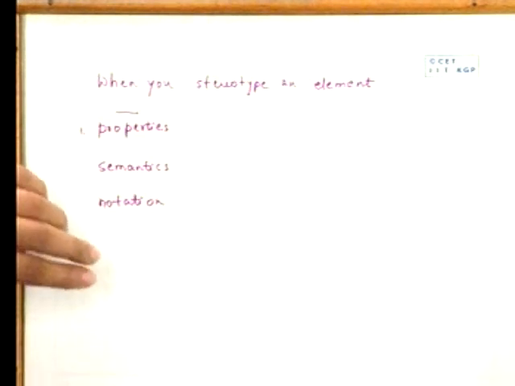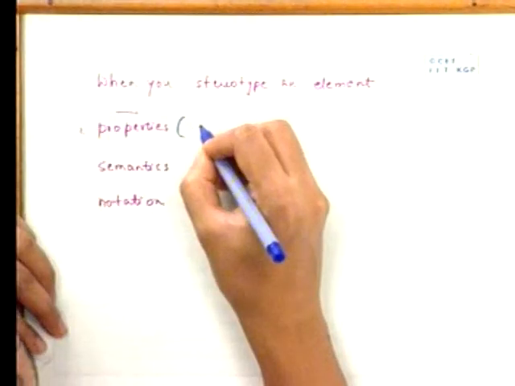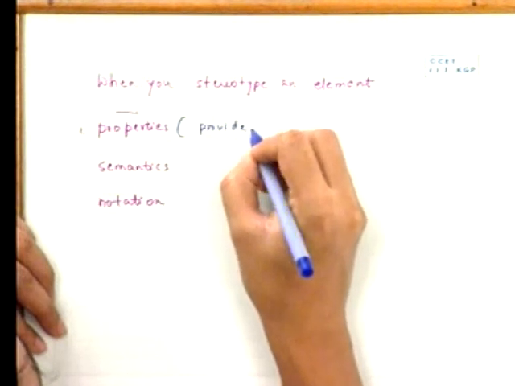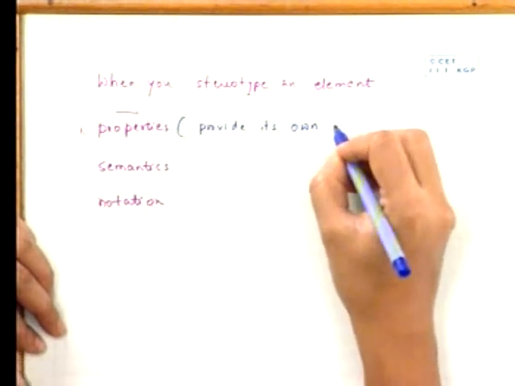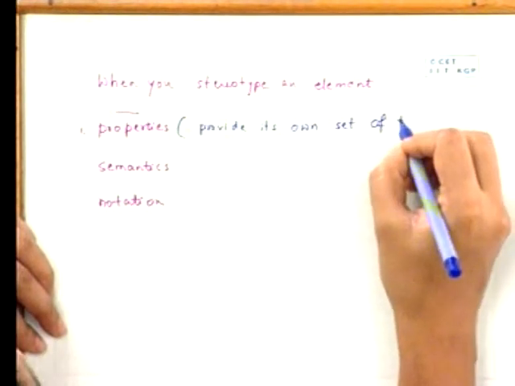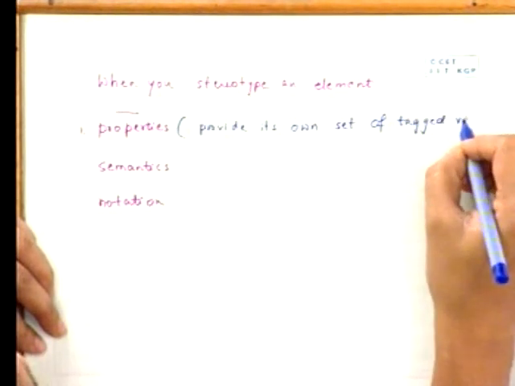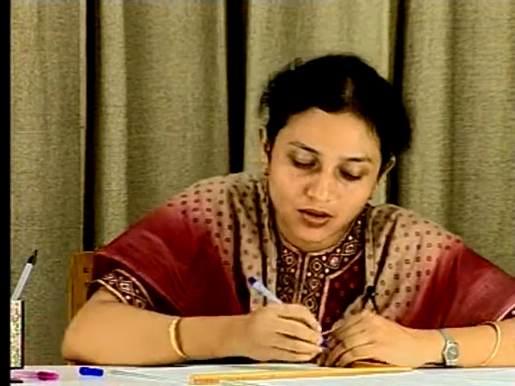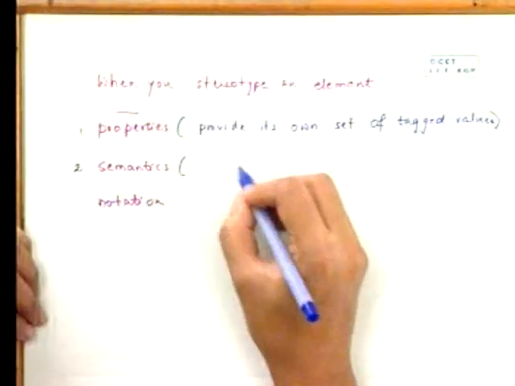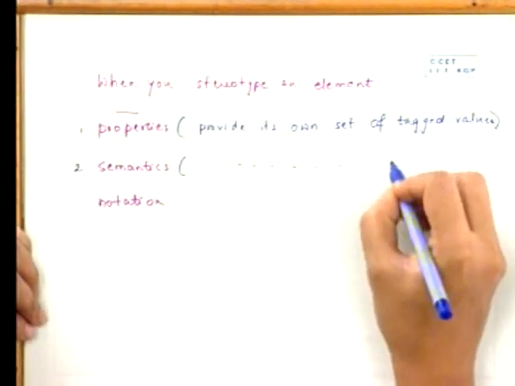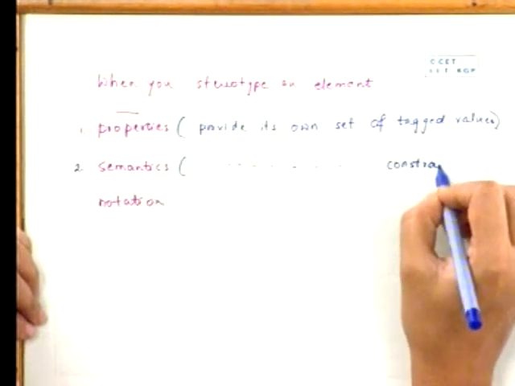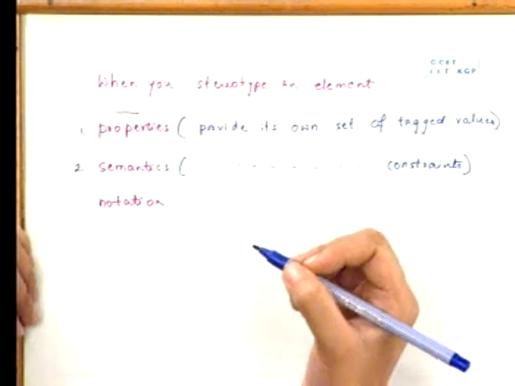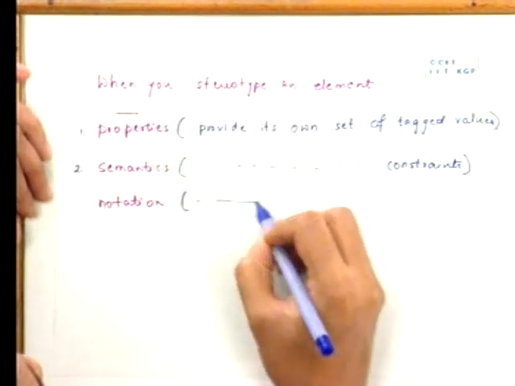So a stereotype can have its own properties, and these properties can be in the form of a set of tagged values. Each stereotype may also have its own set of constraints. And each stereotype may provide its own icon.